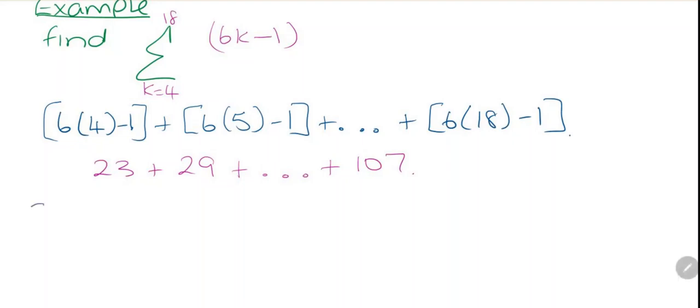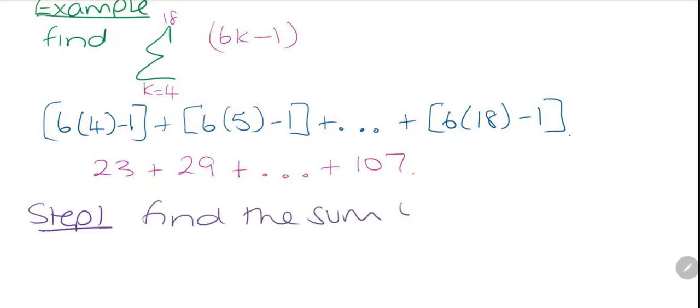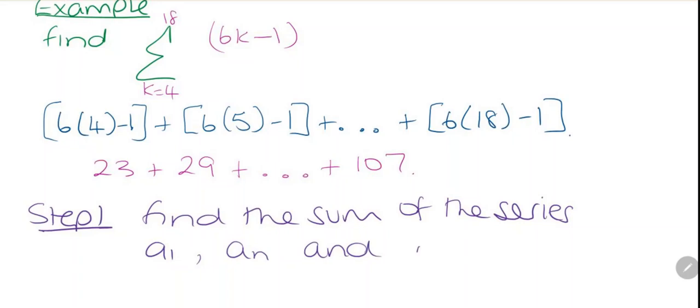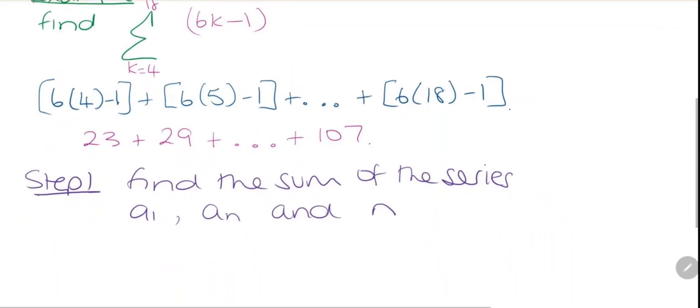So step 1, we need to find the sum of the series. To do that, we need to know a few values. So we know A1, the first number in our sequence.